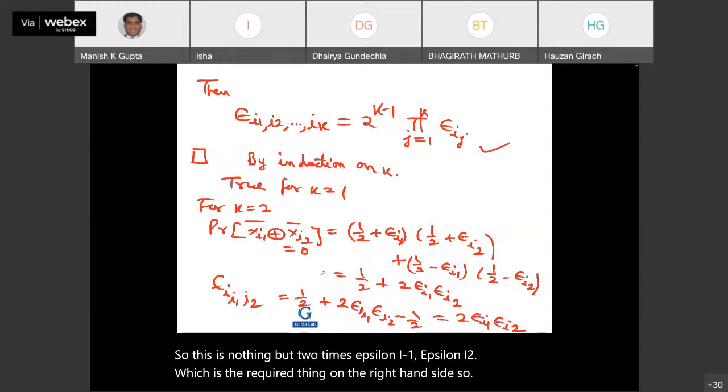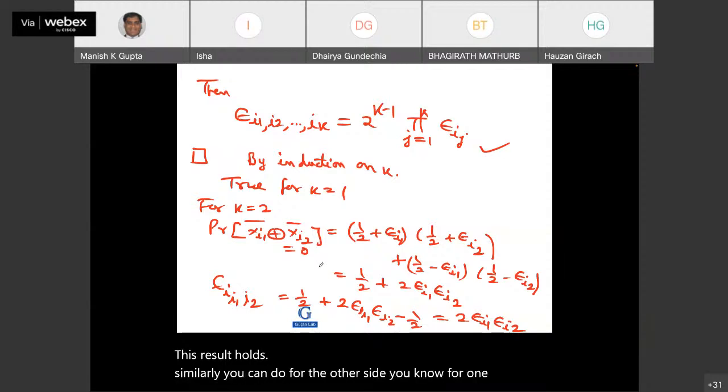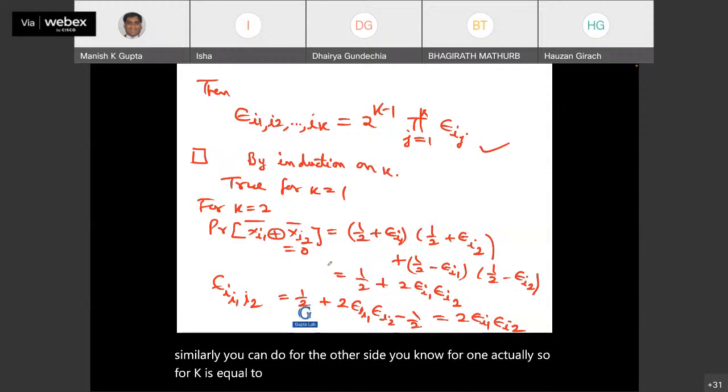So this result holds. Similarly you can do it for the other side, for 1. So for k equal to 2, the result holds.